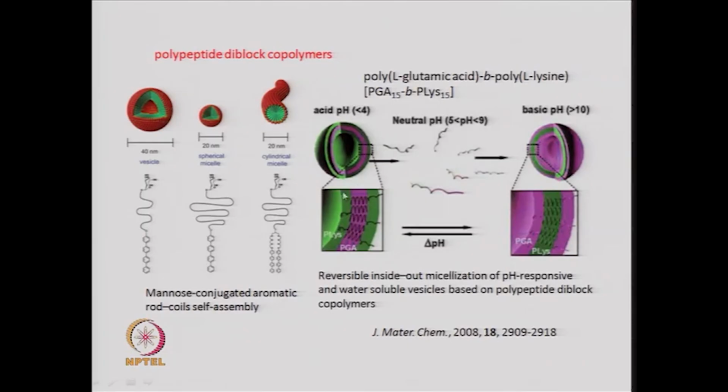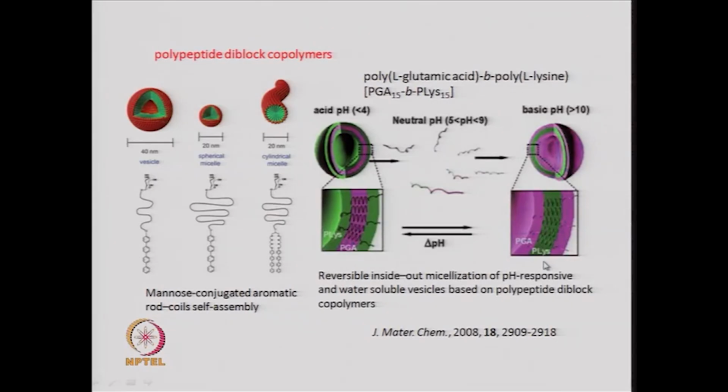When the pH is low, this di-block polypeptide, which is acting like a surfactant molecule, gives a structure of a vesicle where the polyglutamic acid is inside and the lysines are outside on the outer periphery. If you increase the pH to basic pH, the glutamic acid comes on the outer part and the lysines are inside.